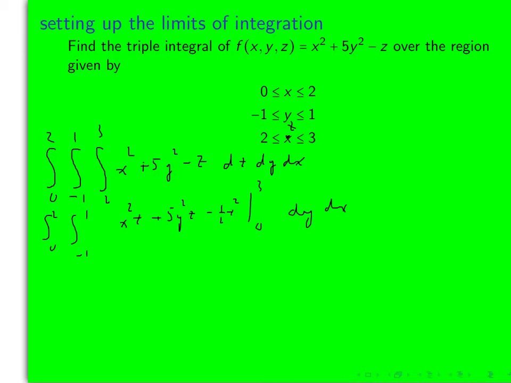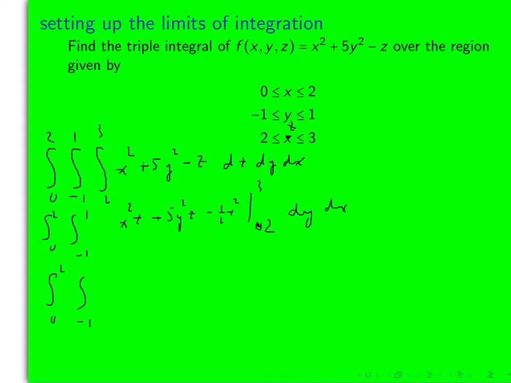So think about what we're going to do. We're going to plug in z equals 3 everywhere we see z, and I noticed that I wrote a 0 down there. That should have been a 2, of course, from this 2. And then we're going to subtract and plug in z equals 2. I'm going to let you check that, and here's what you get once you plug in those limits of integration.